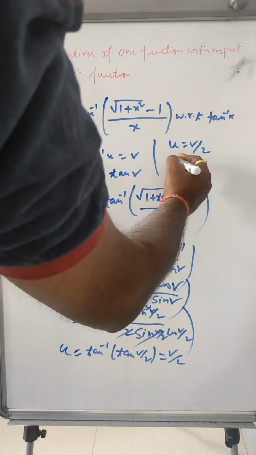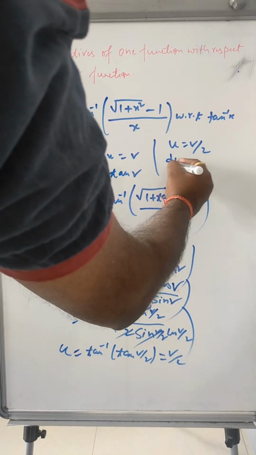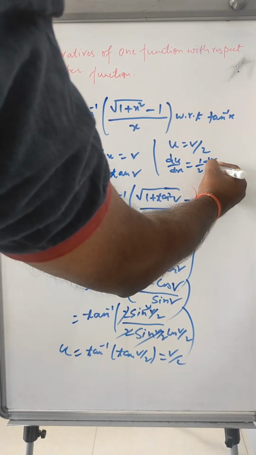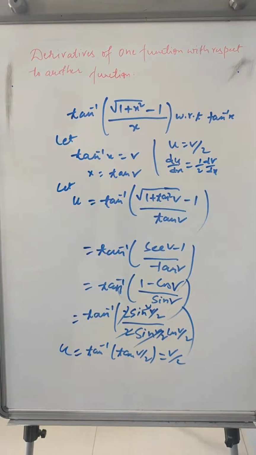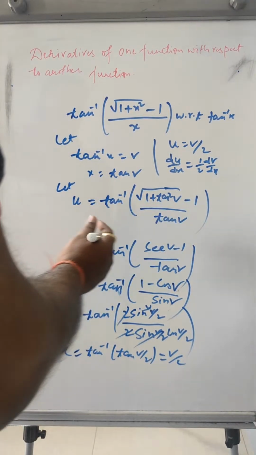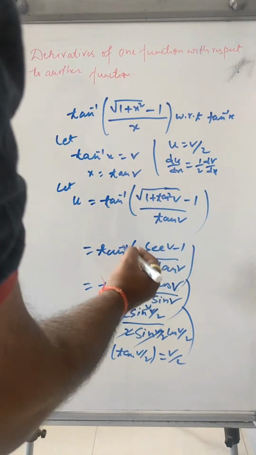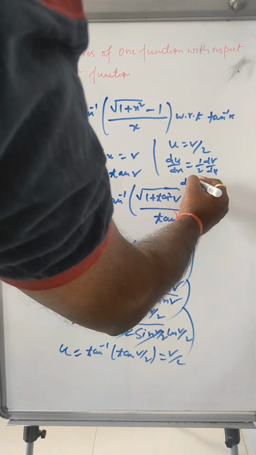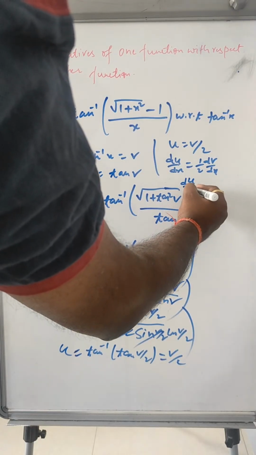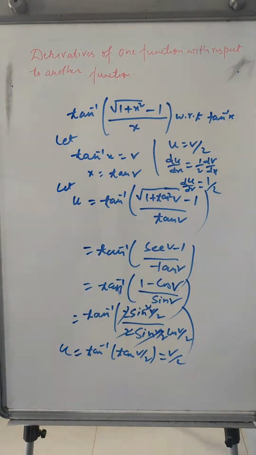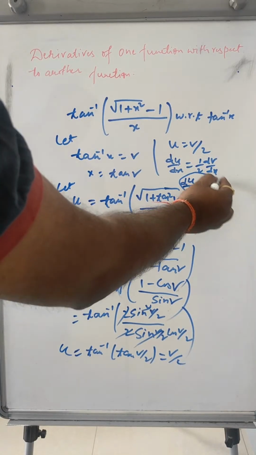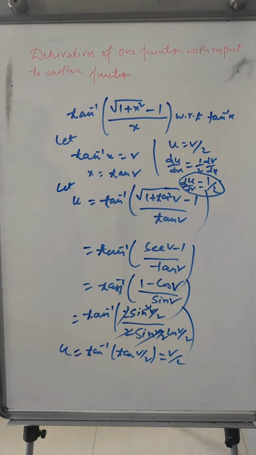So for the differentiation, right, du by dx is equal to half dv by dx, correct? Then what will happen in the next step? If I write here, du by dv is equal to half. So the final answer of this problem is du by dv is equal to half.